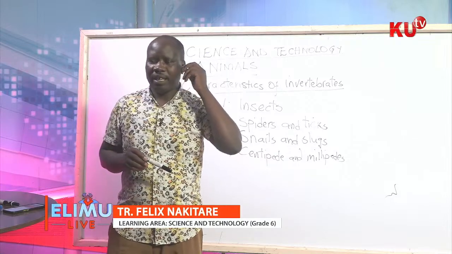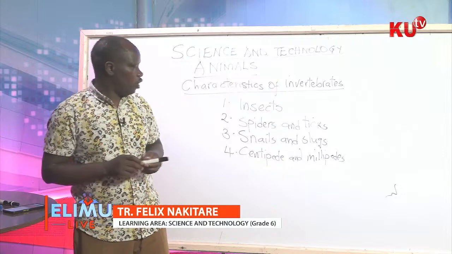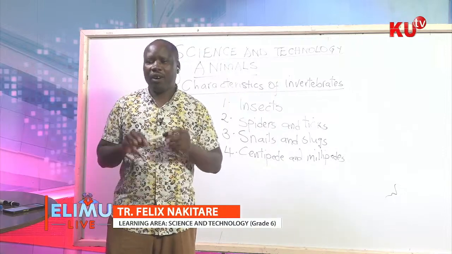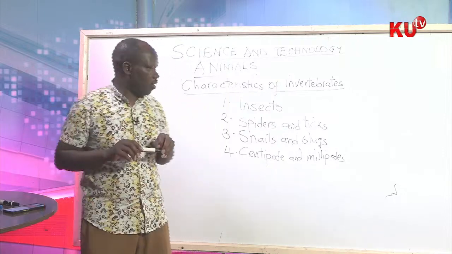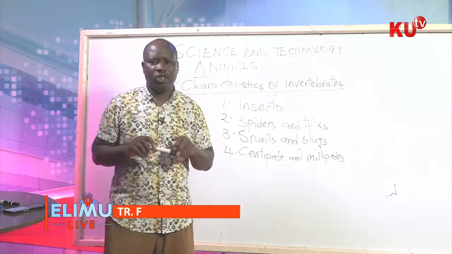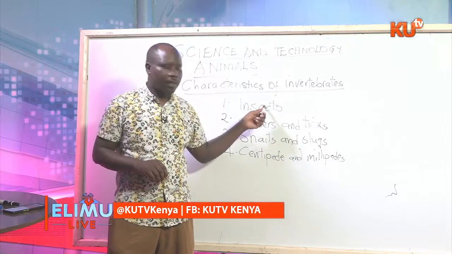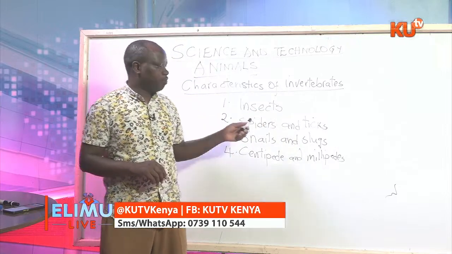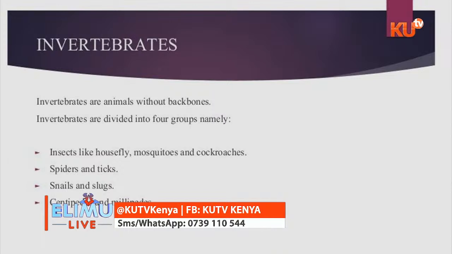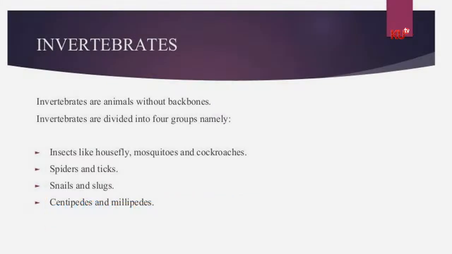And we've said invertebrates are put into four groups or four classes or four categories. And these categories or groups or classes are, number one, insects. Number two, spiders and ticks. Number three, snails and slugs.